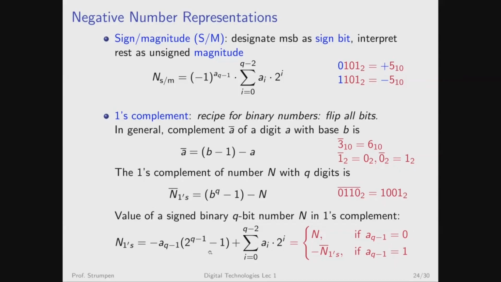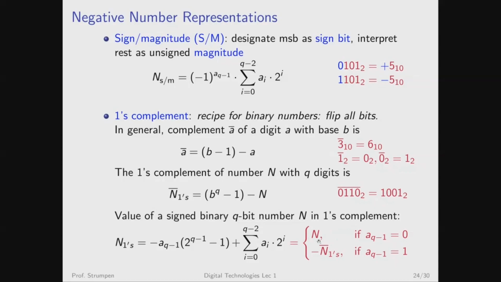How do we use the complement to interpret a 4-bit binary number as a negative or a positive number? We again use the idea of the sign bit, but now we interpret negative numbers differently. If the sign bit, the most significant bit of a q-bit number, which is bit A sub q minus 1, is 0, then we interpret the number as a positive number.